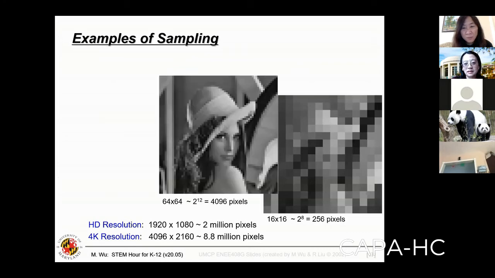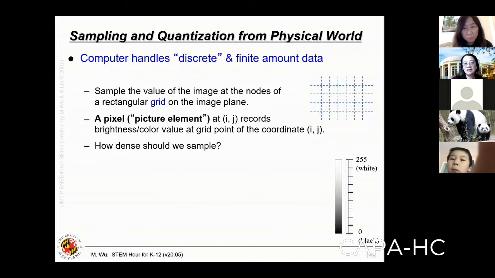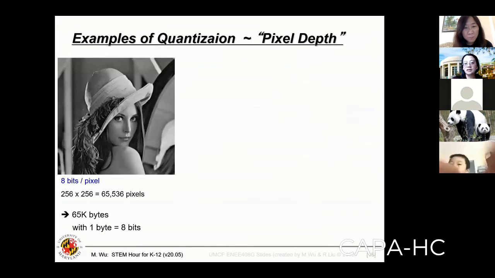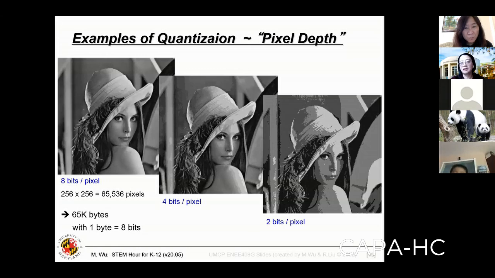Okay, so in this lady picture that I showed you, if we cannot really put in enough pixels, the picture won't look good. And even if you have a good resolution, if you do not have enough color levels or brightness levels, the picture may not look really good either.